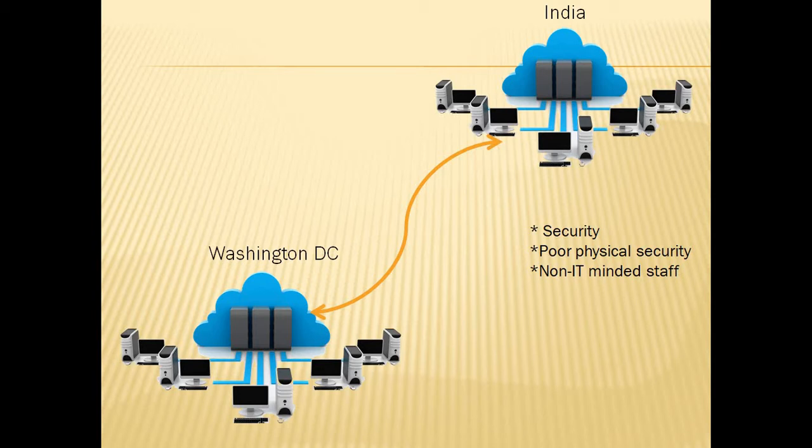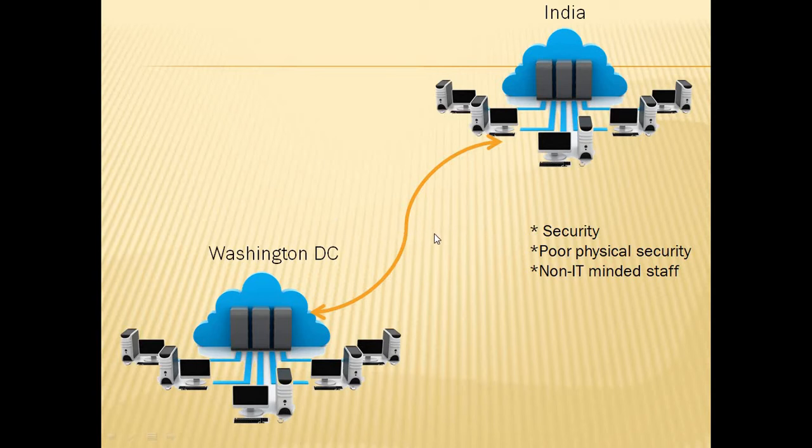That means the main office is in Washington DC and the branch office is here in India. If Washington DC is holding the main primary server, you would like to have a read-only domain controller in India so that your entire domain is actually controlled from Washington DC itself. The branch office in India has certain workstations and clients, which will be looked after via your read-only domain controller, but the entire authentication will be done from Washington DC.